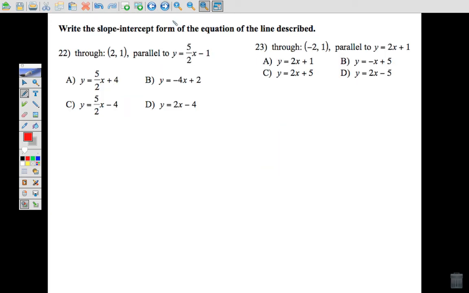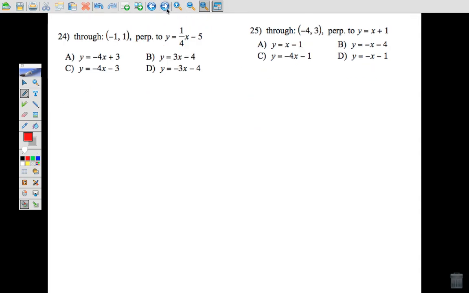Okay, when you have slope-intercept form, that's y equals mx plus b. One of the main things you need to remember is that if they're parallel, they have the same slope.